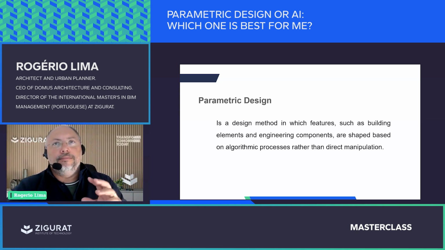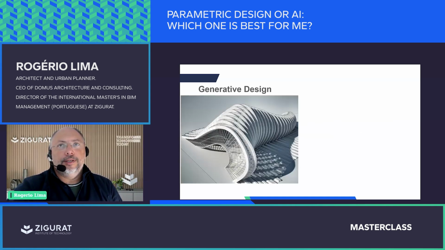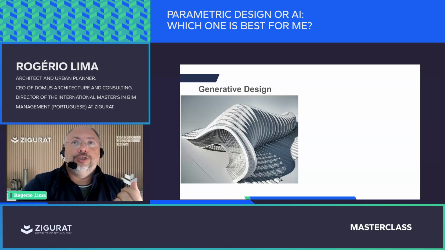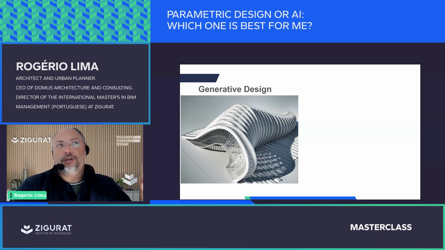But things start to be a little bit difficult to understand when you go deeper into this concept, for example, when you try to generate things with parametric design. In this case, we call it generative design. So we have generative AI, which we'll talk about a little bit soon, and now we have generative design. So, a little closer. And what is generative design?